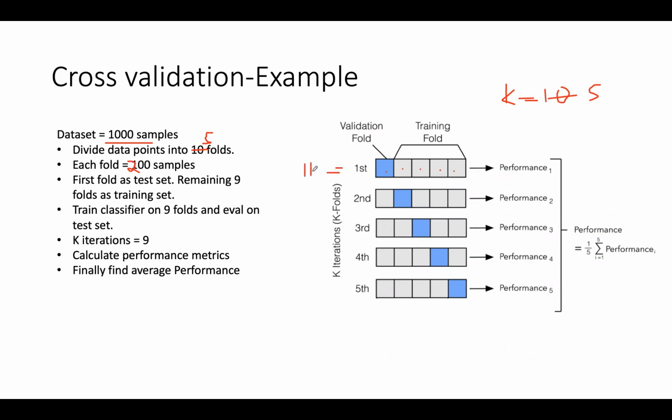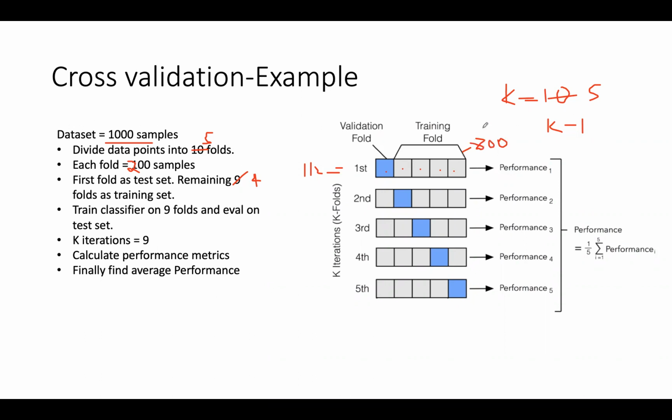So the first fold will be left as a test set, and the remaining k minus 1, which is 4, will be used as the training set. Essentially, this training set will have 800 samples, which is just 200 times 4.